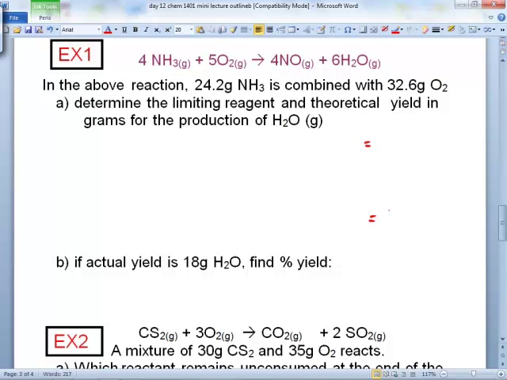Where do you want to end up? Grams of H2O. The more detail you write, the easier the question's going to be, right? Now, where do you have to start? NH3, how much of it? 24.2. Then you got to do it all again for the oxygen, right?